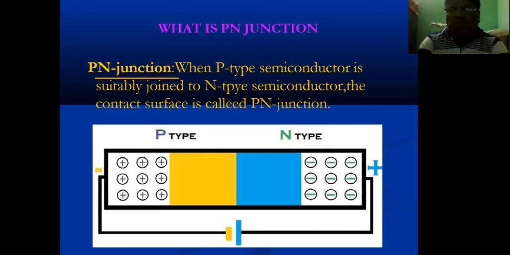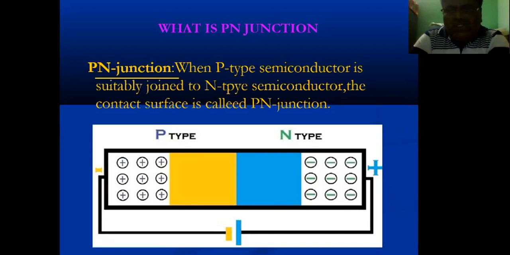Please remember, a P-type semiconductor always consists of majority charge carriers, holes. An N-type semiconductor always consists of electrons.